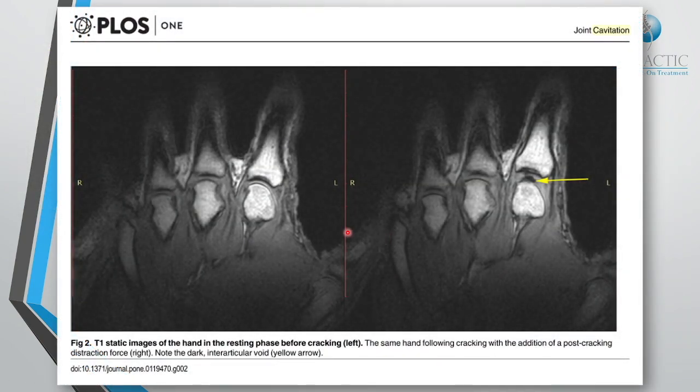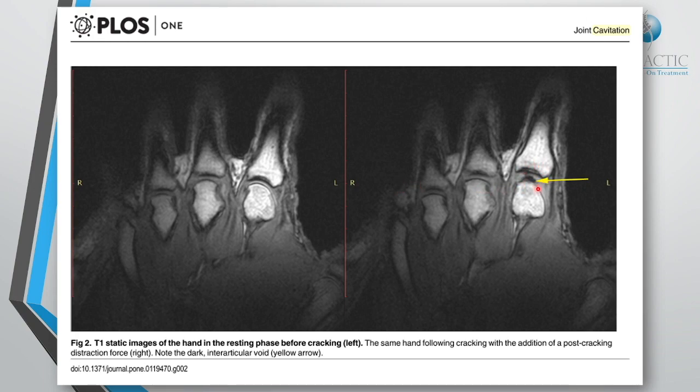And this is the MRI that came out of this particular study. Now you can see here on the left, we've got the subject's hand within the MRI scanner, and we're specifically looking at the first, or technically the second, metacarpal phalangeal joint just here. And as they pulled through, as that tension was put on the finger, here's that separation.